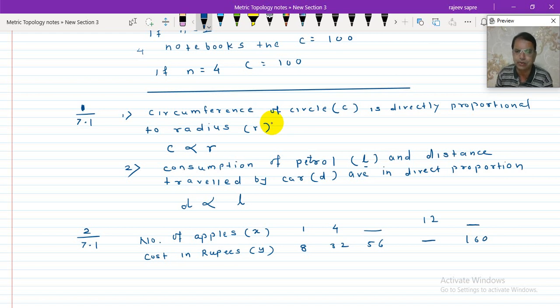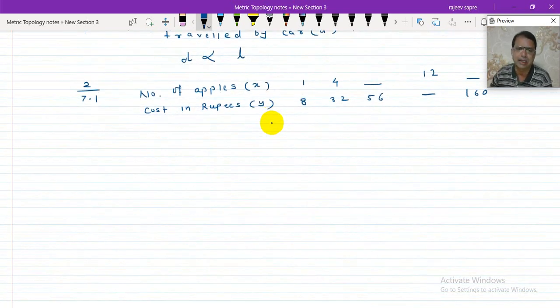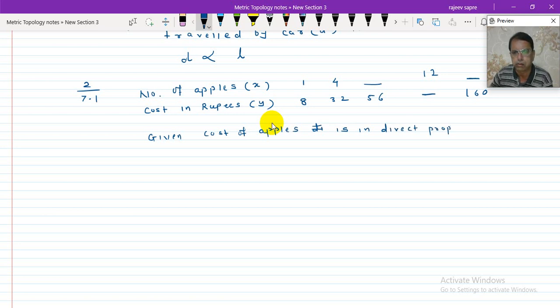So these three things we have to fill, these three places, तिथल्या किमती आपल्याला काढायच्या आहे. तर त्यांनी काय सांगितलं आहे प्रॉब्लेमच्या स्टेटमेंटमध्येच की कॉस्ट ऑफ द ॲपल्स is in direct proportion with number of apples that is given, and this is obvious.